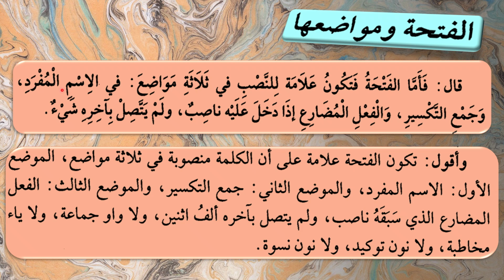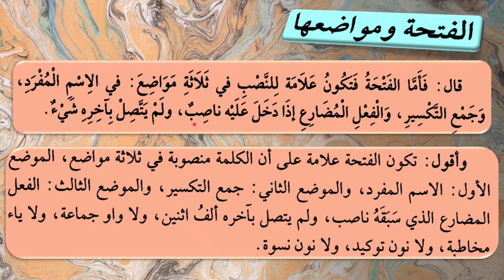That is in the ism mufrad, a normal noun showing a clear fatha, jam' taksir, broken plural, and fi'l mudari'. In fi'l mudari', as discussed in my previous slide, when do you see a clear fatha on the last letter? When it is a sahih letter. So this author explains, إِذَا دَخَلَ عَلَيْهِ ناصب. This means when you put a tool of nasb before the present tense.